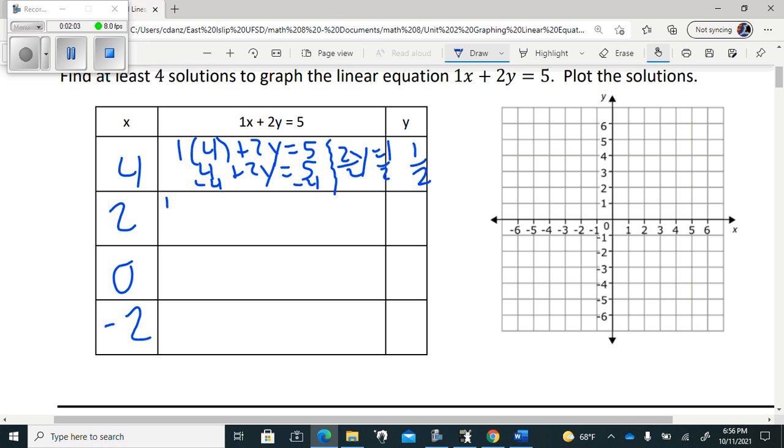The next one, we're solving this equation. We'll subtract 2. And come over here again. So I get y is 1.5.